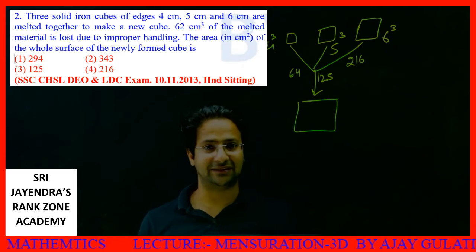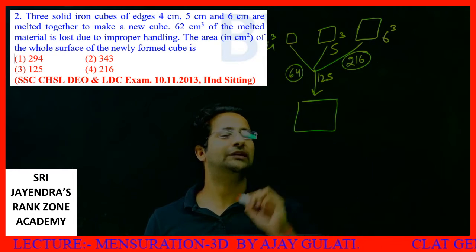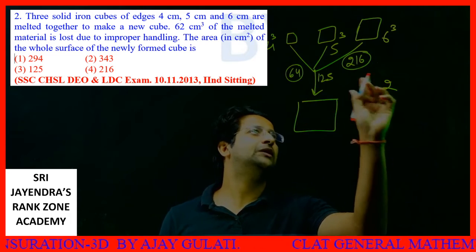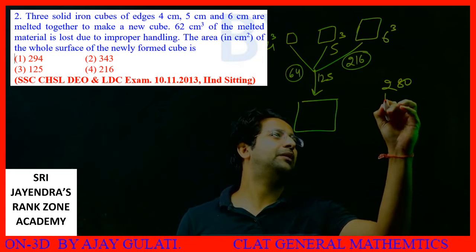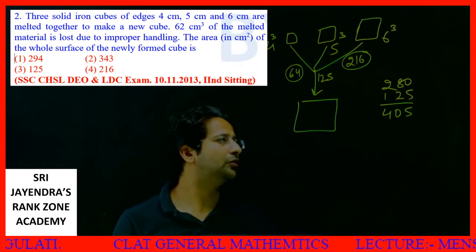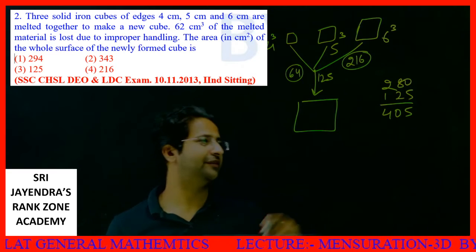Let's add these. 64 plus 216 is 280, plus 125, I can say 405.